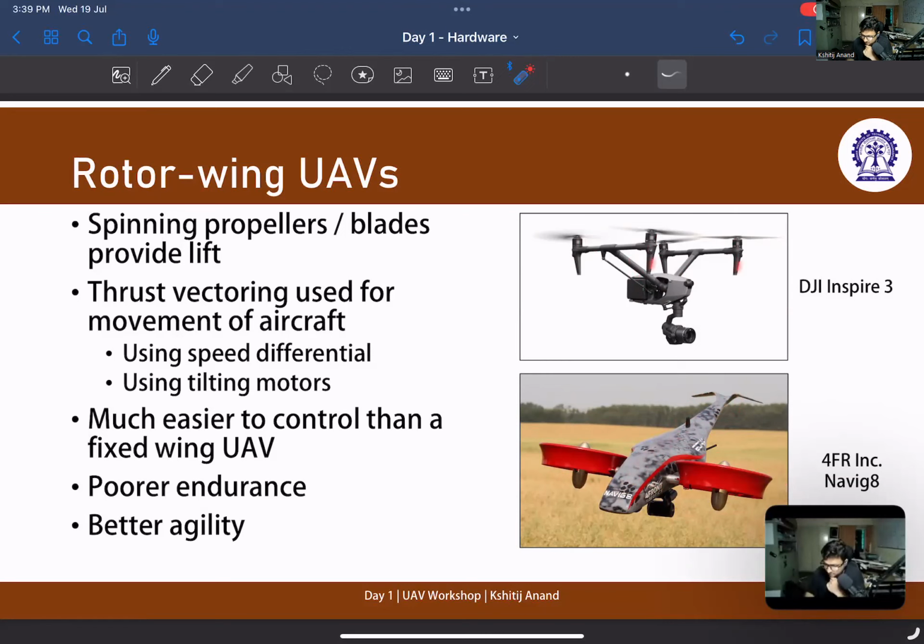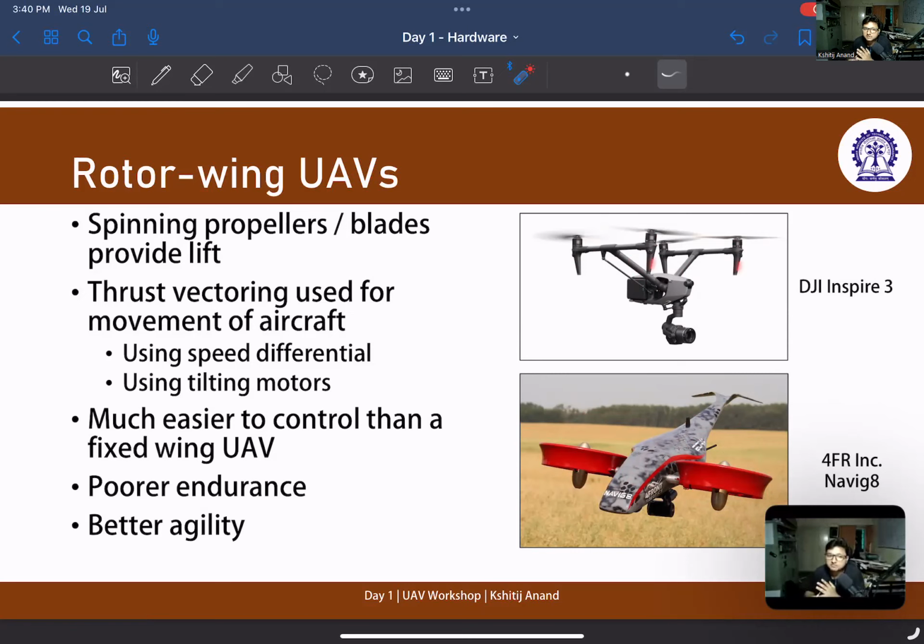It has a small fan attached at the back, which controls its pitch going up and down. And then these two rotors can tilt on their axis and provide thrust vectoring in whichever direction you want to go. So these are the two methods of thrust vectoring and moving the aircraft around.